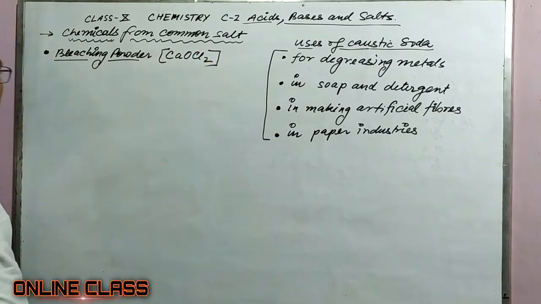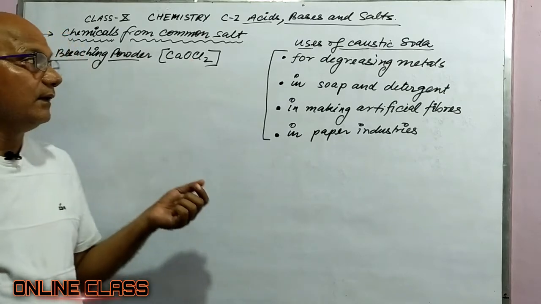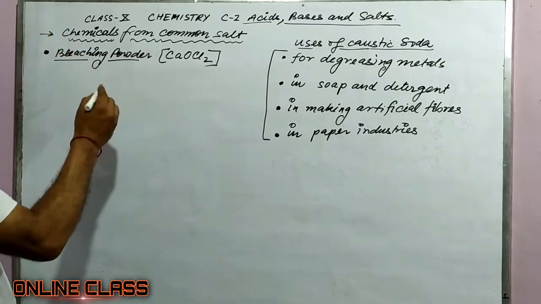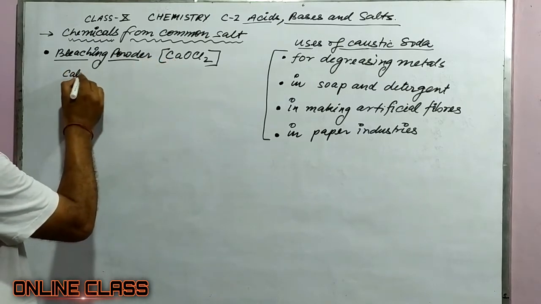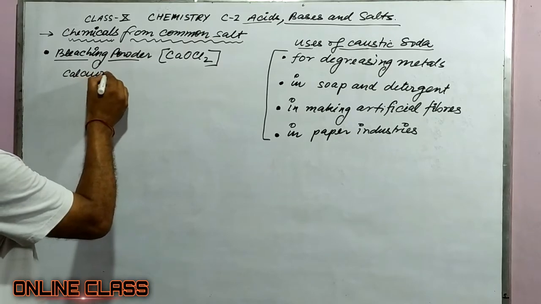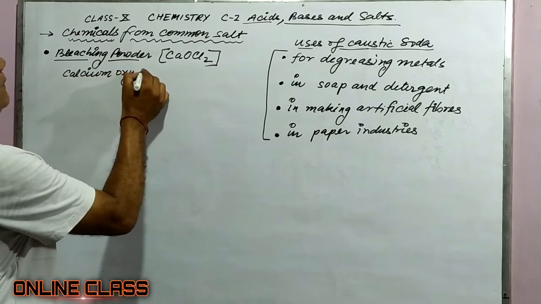Its chemical formula is CaOCl2 and chemical name is calcium oxychloride.